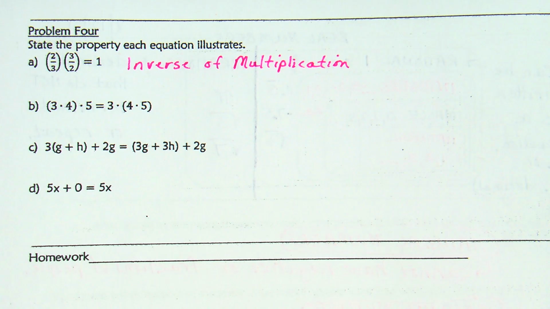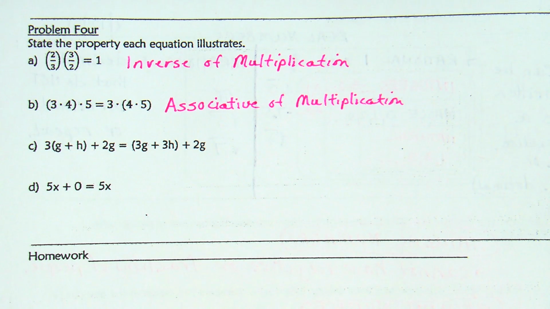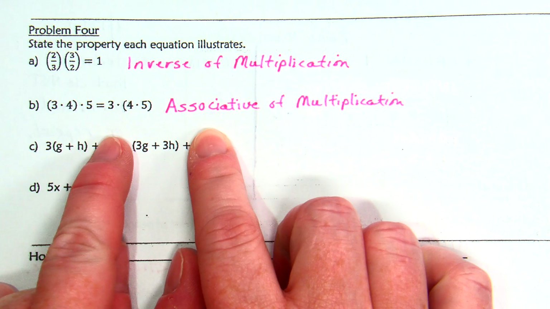Okay. Look carefully at C. What changes between the left side and the right side? Okay. She says they put the 3 in the parentheses. So did the 2G change? So here's what I would suggest. Kind of block out the 2G's. Does that help if you block out the 2G's?